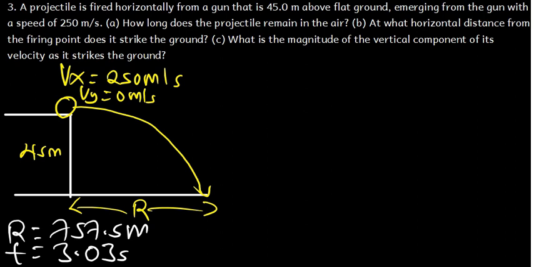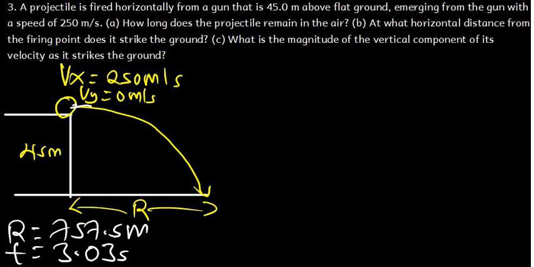They're talking about the vertical component, meaning we're talking about now the velocity in the y direction. Now what we need to understand is that when it started moving from this point, the initial velocity for y is 0, but as it is coming down, the velocity was increasing. Now they want us to find the magnitude of that velocity just before it hit the ground.